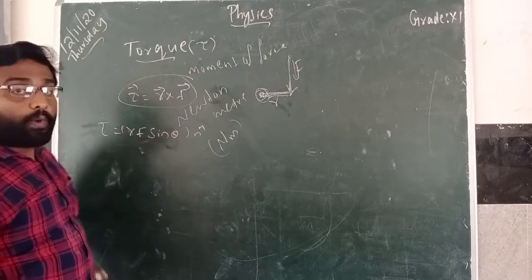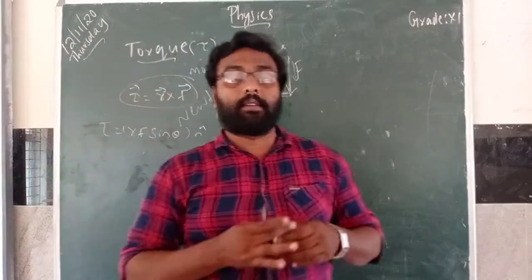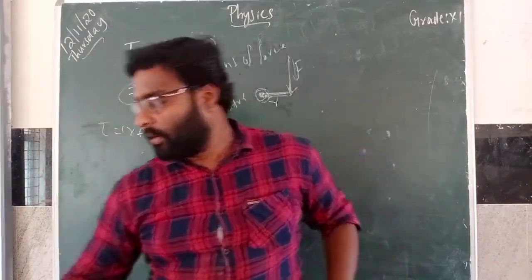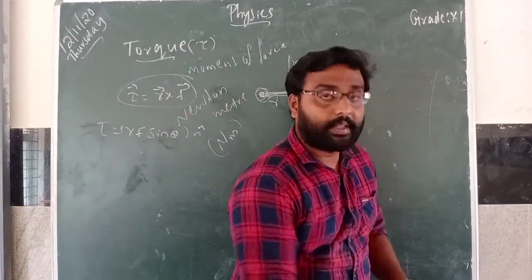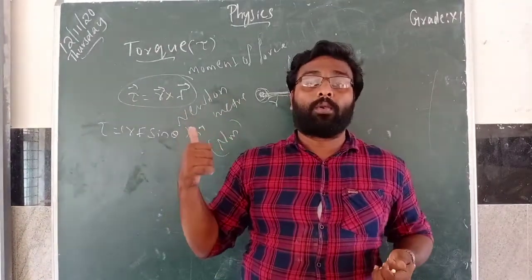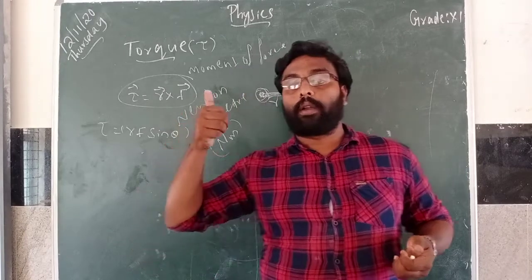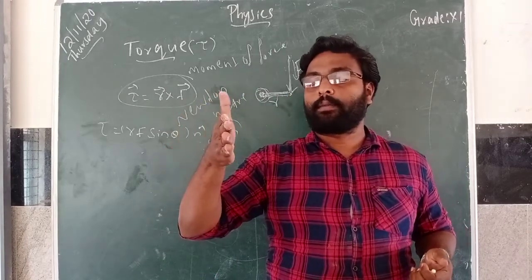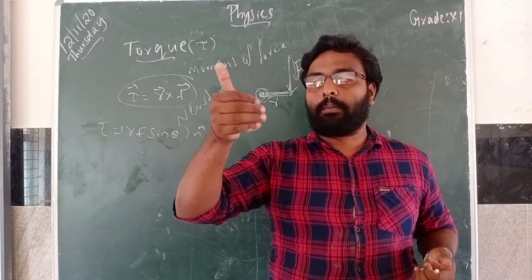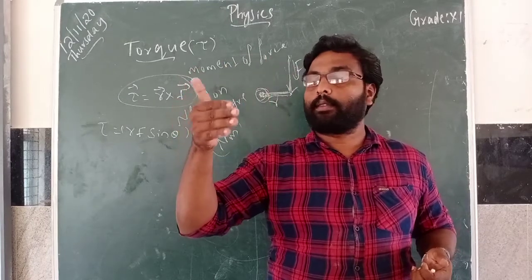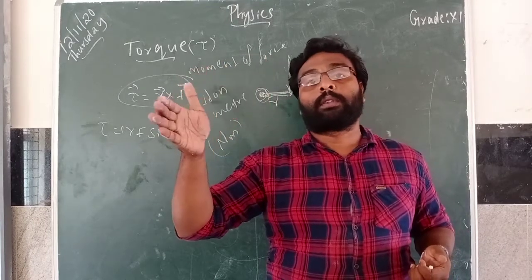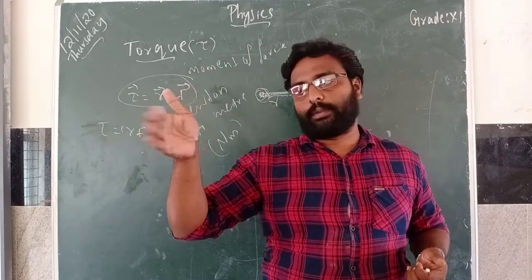Now, to find the direction of torque, there is a small method, the right hand rule. You hold your right hand like this. This palm shows the direction of force.